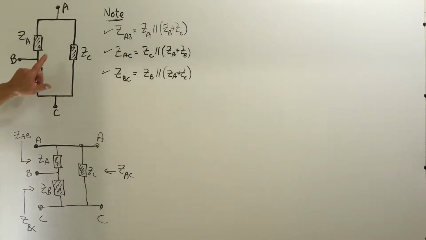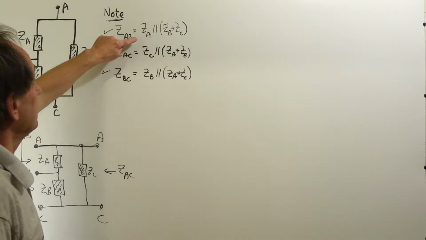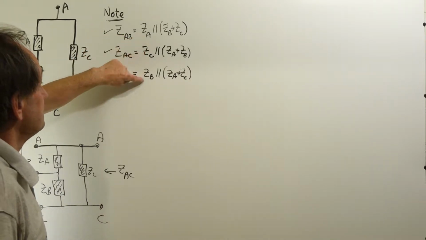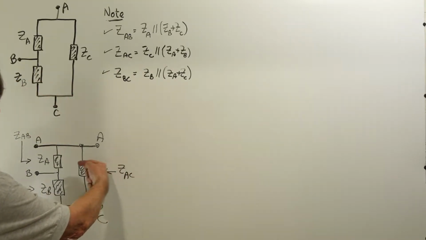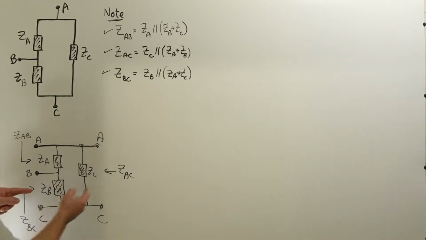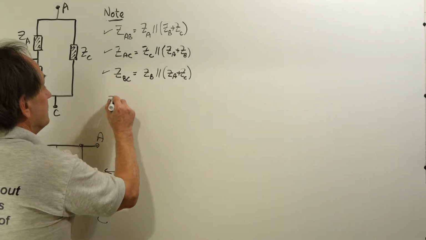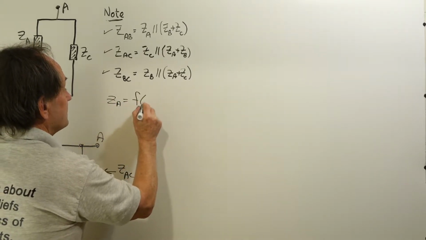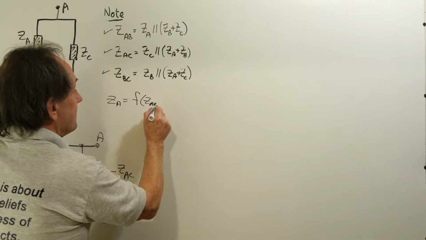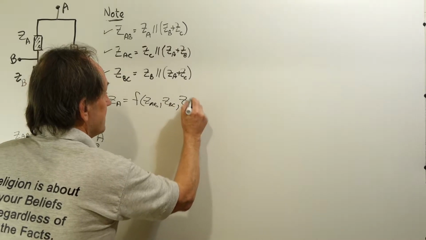Again, what we're trying to do is measure and determine ZA, ZB, and ZC indirectly by measuring the impedances looking back into the network between pairs of nodes. So what we eventually want is to be able to express ZA as a function of ZAB, ZBC, and ZAC.